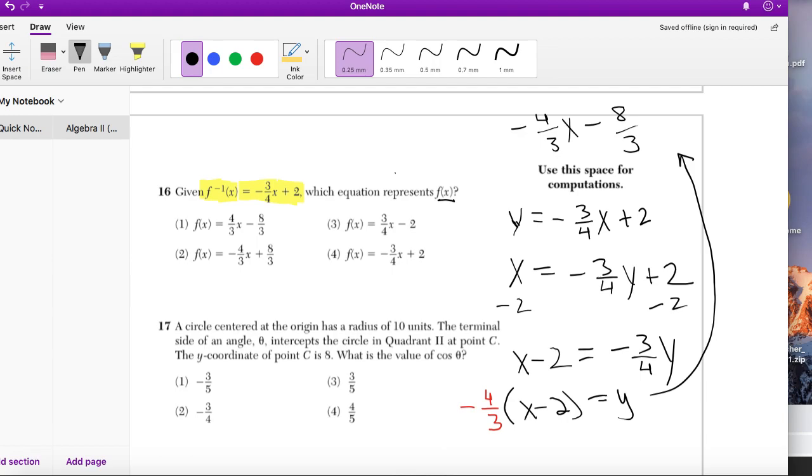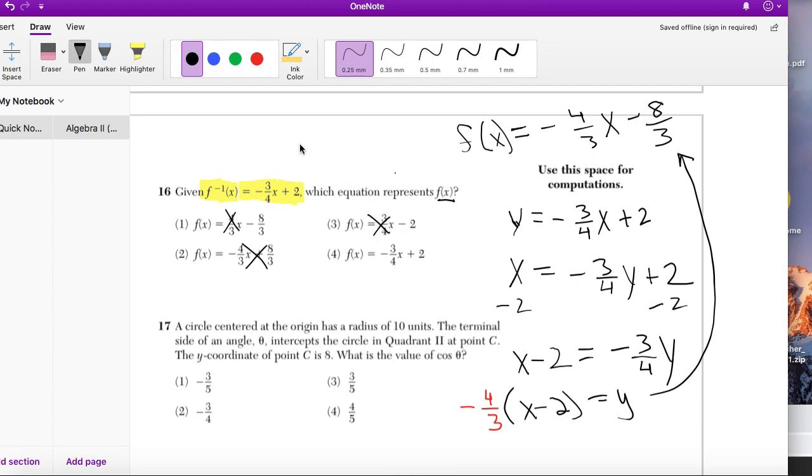And you get y equals, but I'm going to replace y with f of x, since we were given f inverse x, so we want f of x. So f of x equals negative 4/3 x minus 8 over 3. We'll write that nice and neat in slope-intercept form. Negative 4/3 x minus 8 over 3.